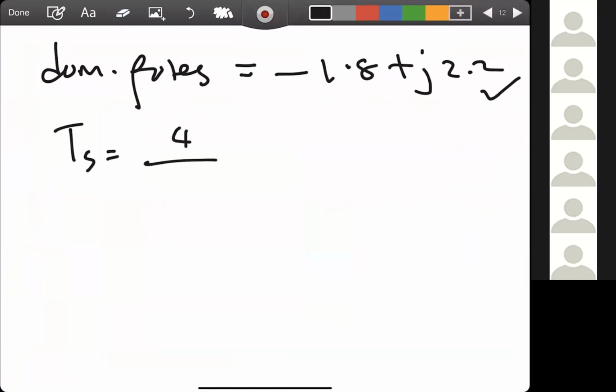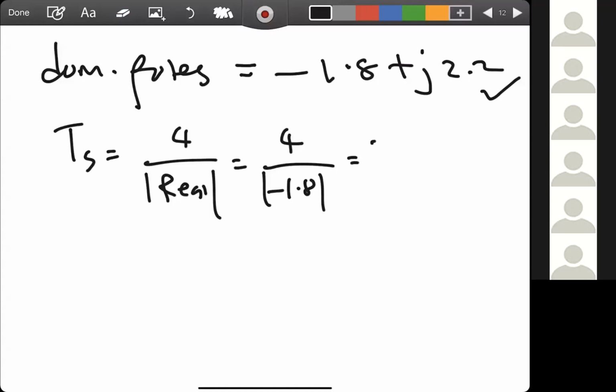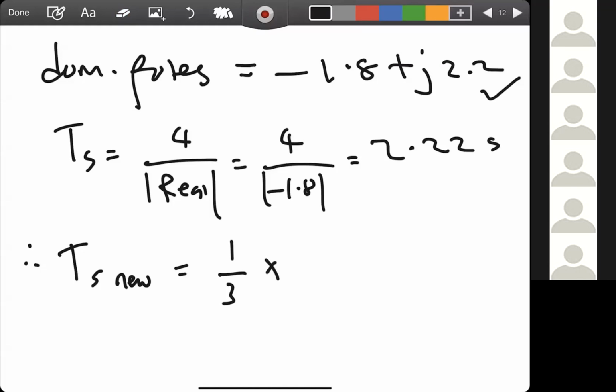Settling time is 4 divided by the real part. The real part is 1.8, so the settling time is 2.2. A threefold reduction gives 0.74.